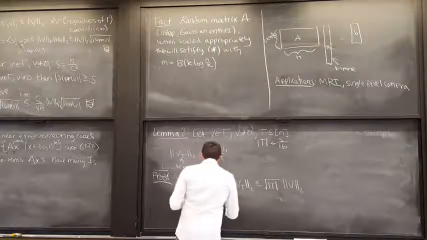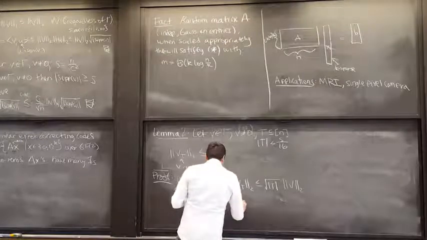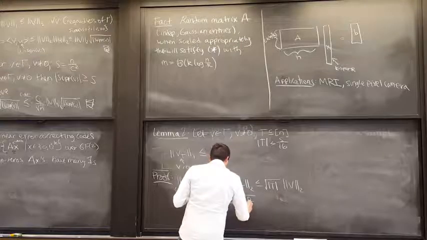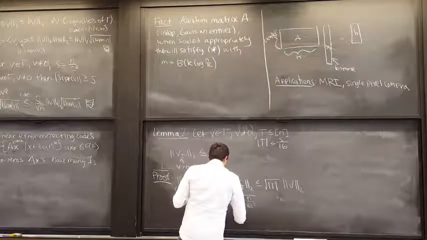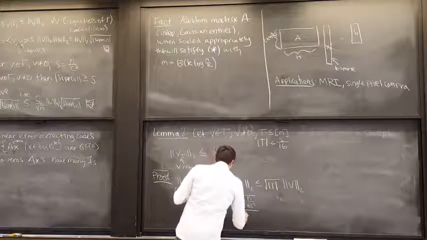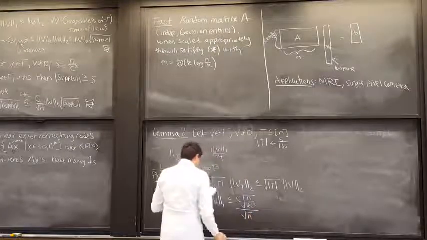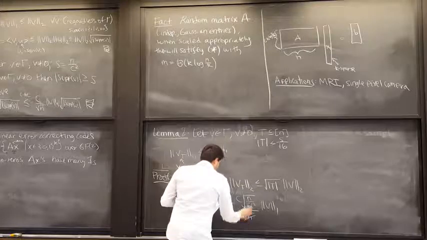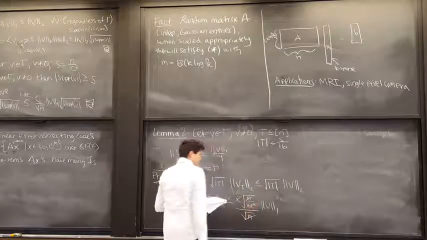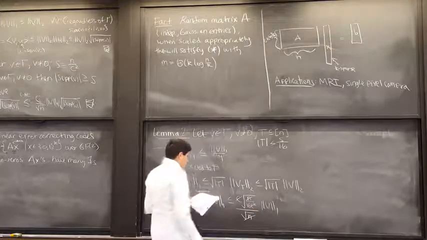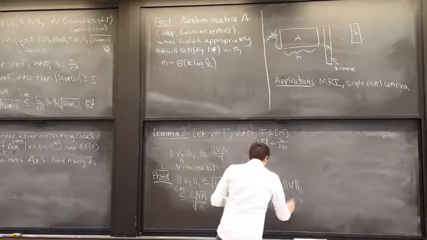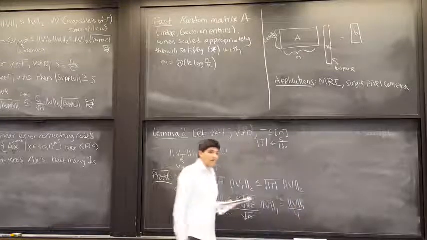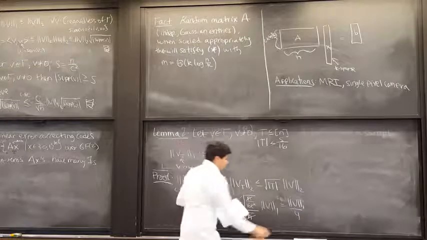And now we can plug in our upper bound on T. T is at most n over 16 c squared, using the way that we've set S, and we get the 1 norm of V. Then everything actually cancels nicely, so we get exactly what we were looking for, which is the 1 norm of V divided by 4.